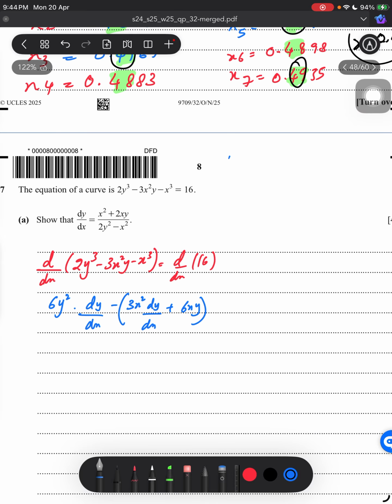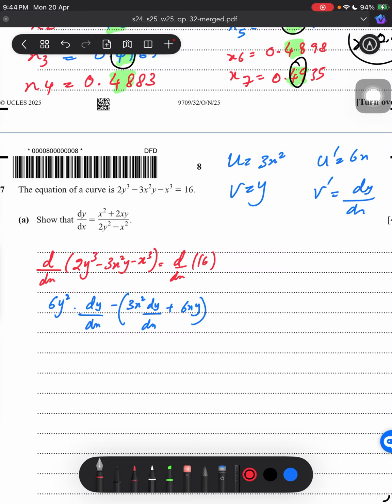Let u equal 3x squared and v equal y, so u prime will be 6x and v prime will be dy over dx. So this would be just 3x squared.